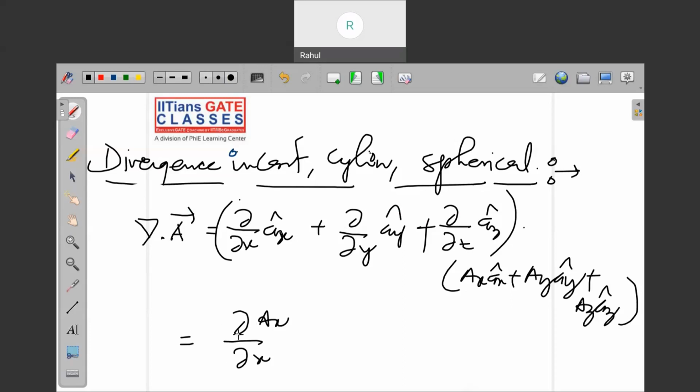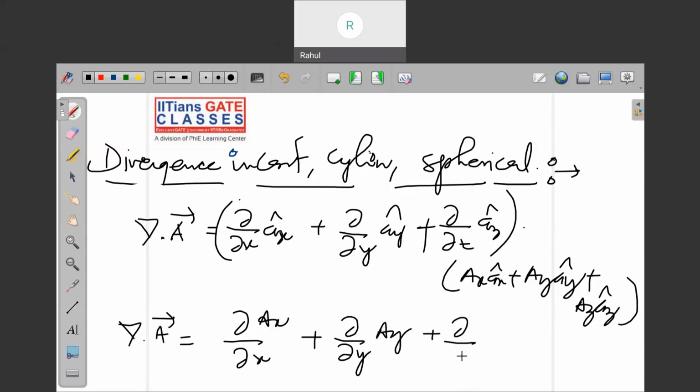Simply what you have to do here is take the component and partially differentiate. Take the partial derivative with respect to x, then take the y component, whenever you want to compute the divergence of any vector A. So this is how we do it. We take the component of x, component of y, component of z, and perform the partial derivative on it, right?